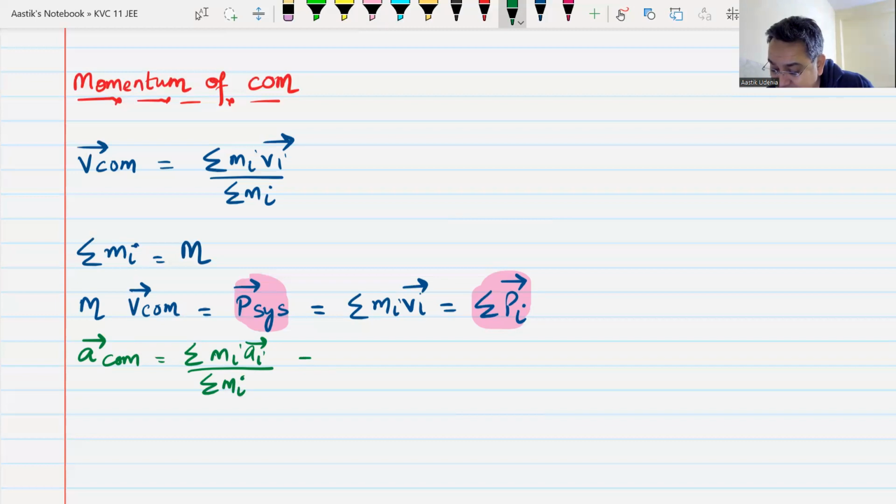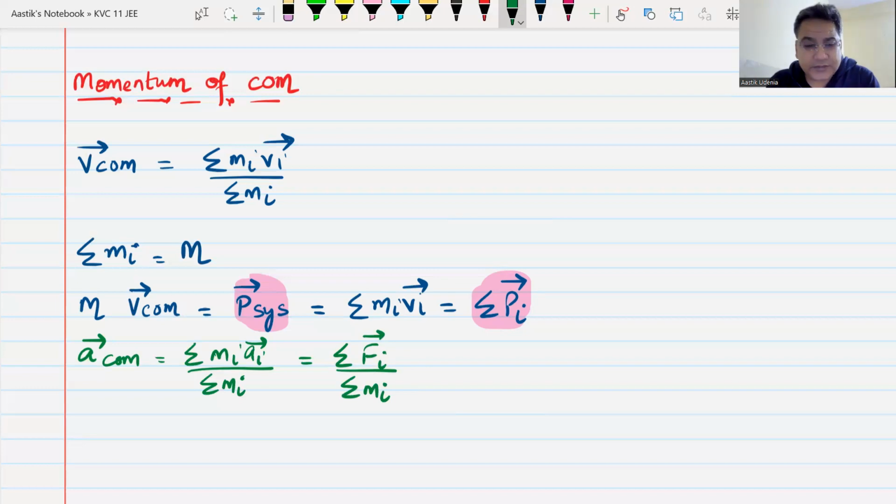Now this summation of mi ai will be the summation of the total force acting on the particles divided by summation of mi. Do we understand this?